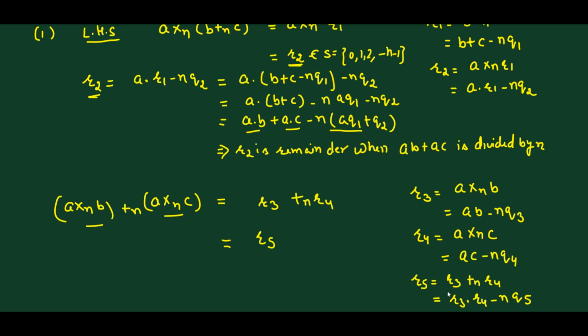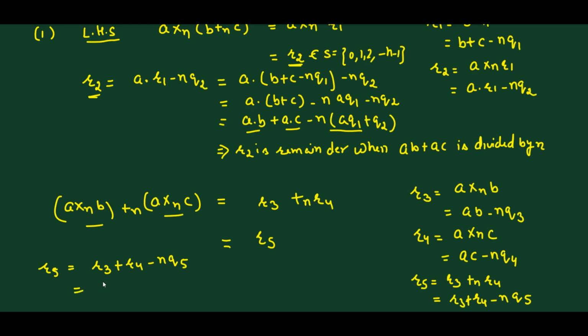So R5 is R3 plus R4 divided by N. It means R5 is the remainder when R3 plus R4 is divided by N. Okay, so now retrace the steps back. What is R5? R5 is R3 plus R4 minus NQ5.